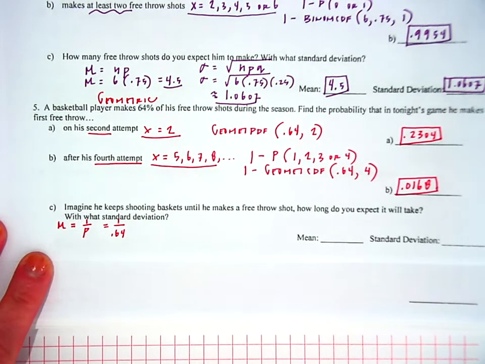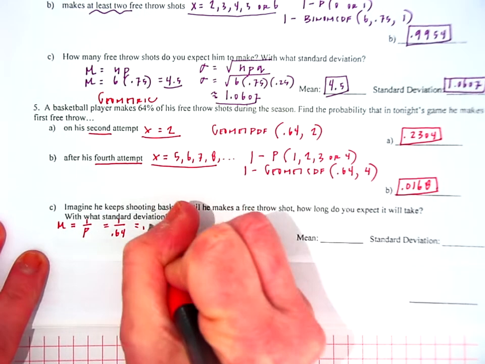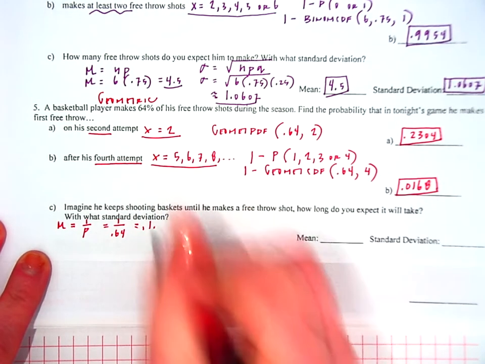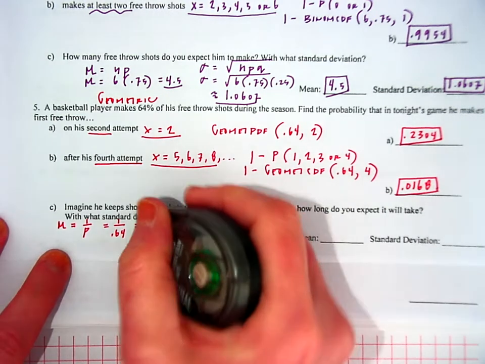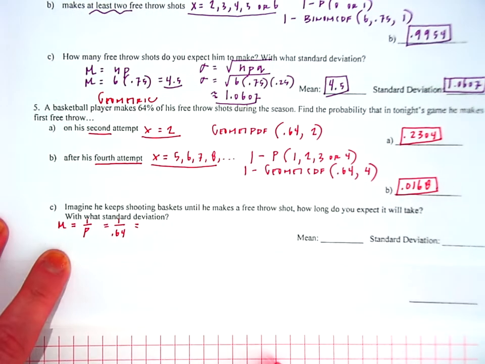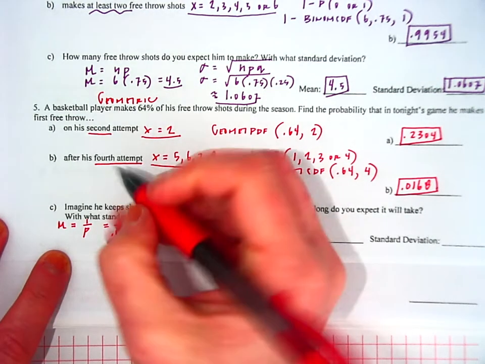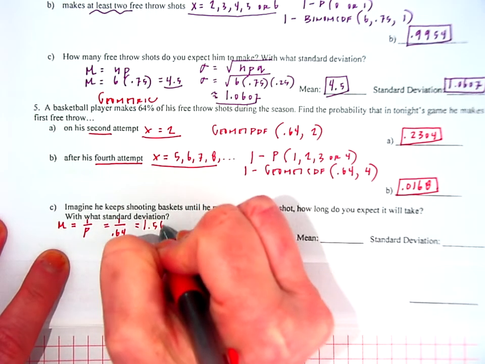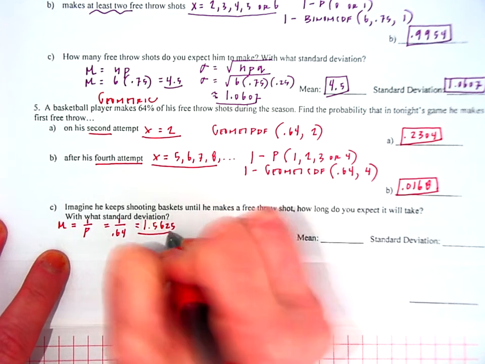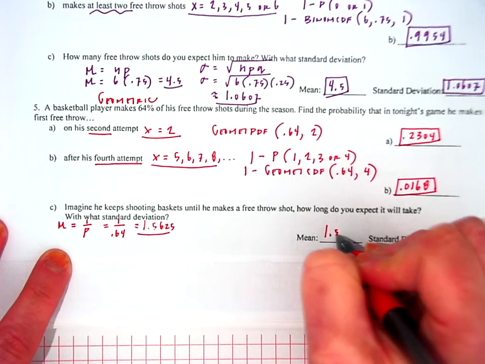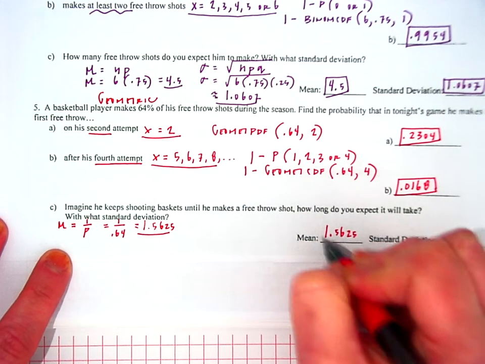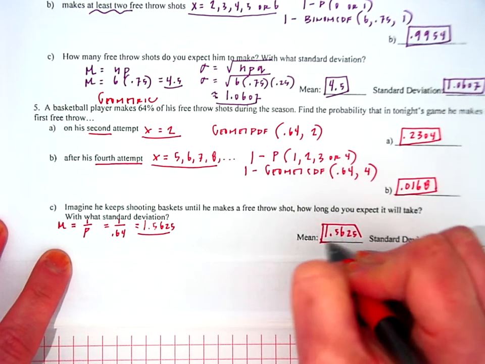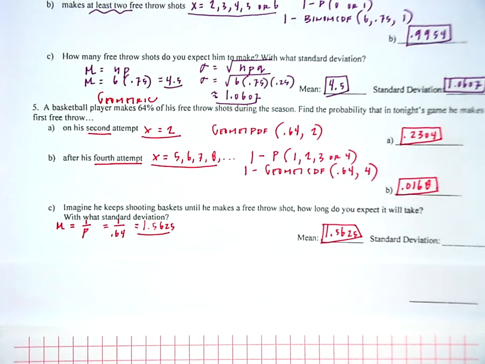Okay, so that will get me 1.5625. So on average, in the long run, we would expect that it takes a little over 1.5 shots for him to make a free throw.